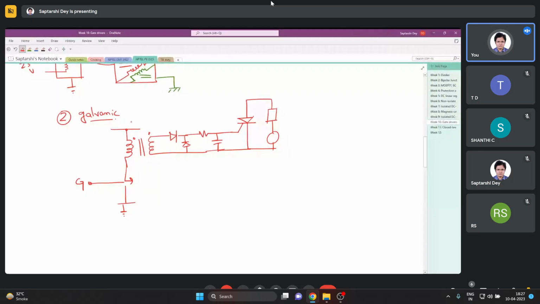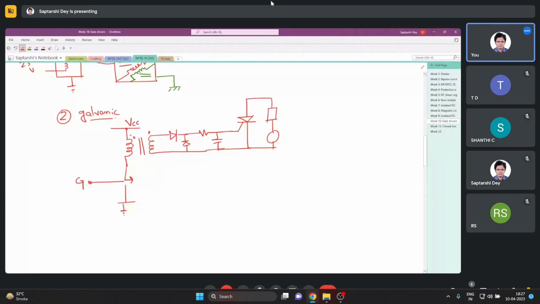So as you can see, if you have VCC or whatever voltage, this maybe is coming from an SMPS, and that has the capability of supplying the gate power, and the transformer has also the capability of supplying the gate power. So you just turn it on, that would excite the transformer and supply the gate power directly to the secondary, and it will turn on the switch. So you do not need a separate power supply.